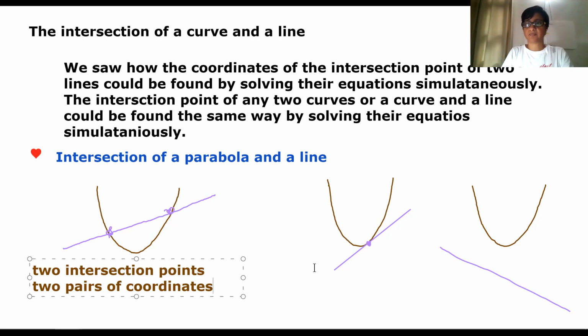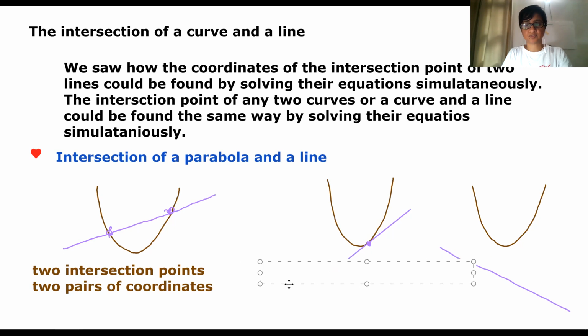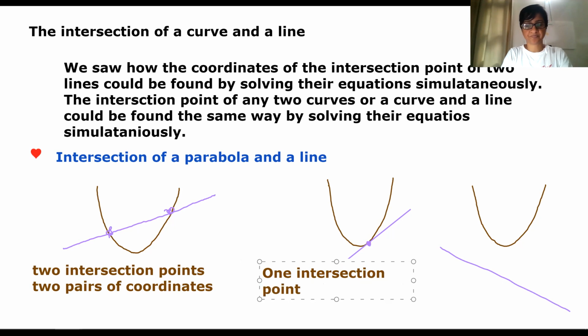Right? Or you can have, I'm trying to manage the space here, you can have one intersection point, that means one pair of coordinates.